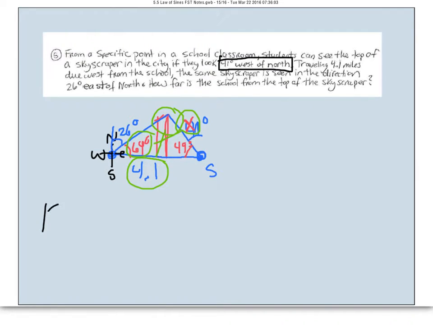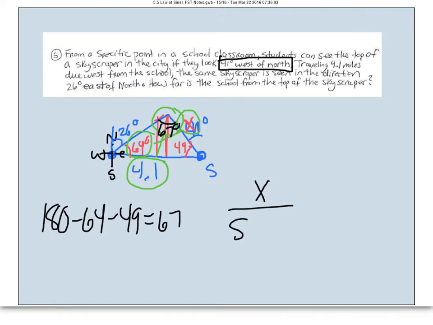I can take 180 degrees minus the 64 minus the 49 degrees, which would give me 67 degrees. So that's what goes right here, 67 degrees. If I set this up, I could use law of sines. I could say x over the sine of 64 degrees is equal to 4.1 over the sine of 67 degrees, and solve.